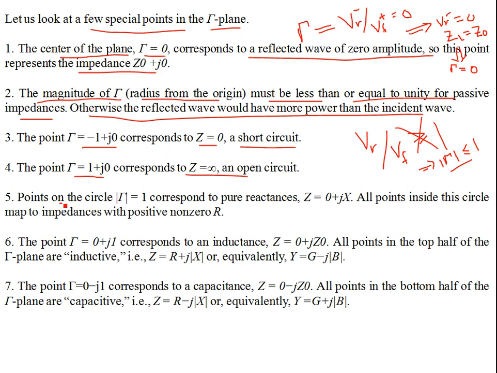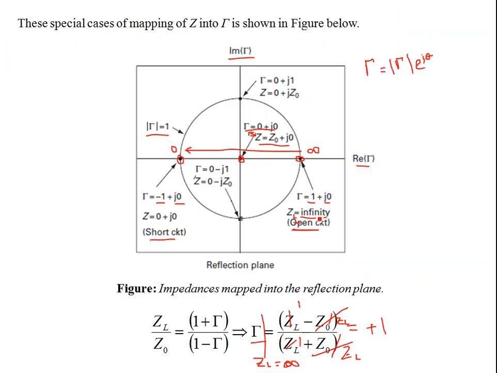The fifth point is that the points on the unit circle, magnitude of gamma equal to 1, correspond to pure reactance. Pure reactance means there is no real part. However, all the points inside the circle map to the impedance with positive or non-zero R. If you look at this expression again, well, it's too messy, but don't mind. Let's write this down again.